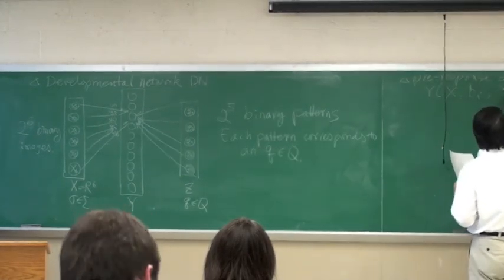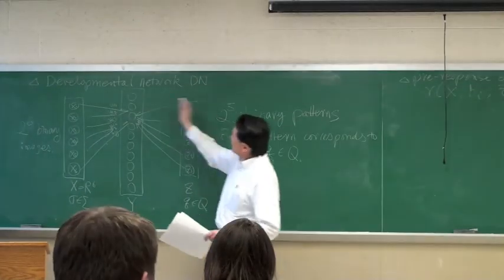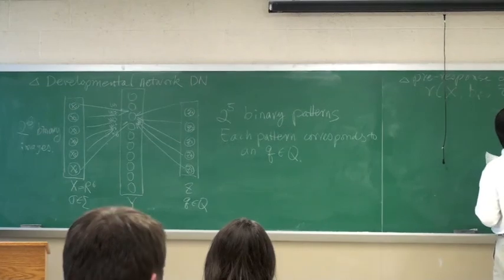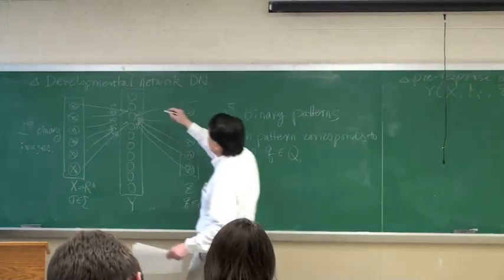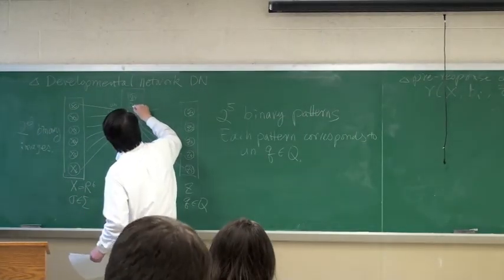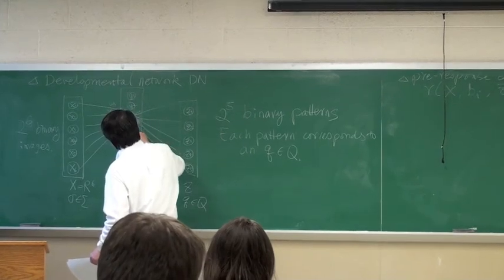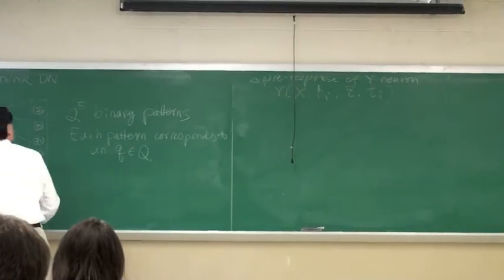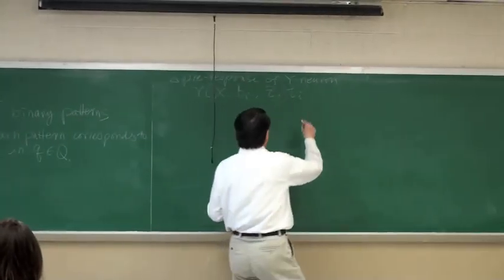Then you have z. Z is from this area. Z is top-down, and it has a weight, called the top-down weight for the i-th neuron. I equals y1, y2, y3, up to Y10.